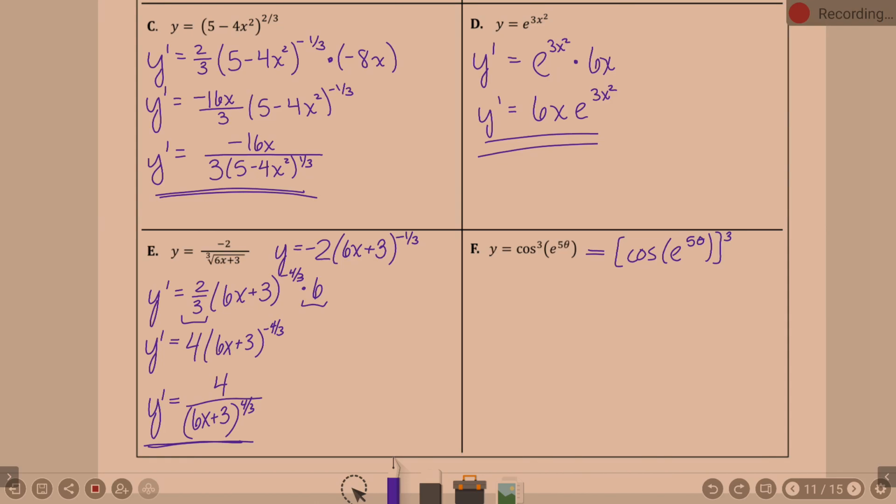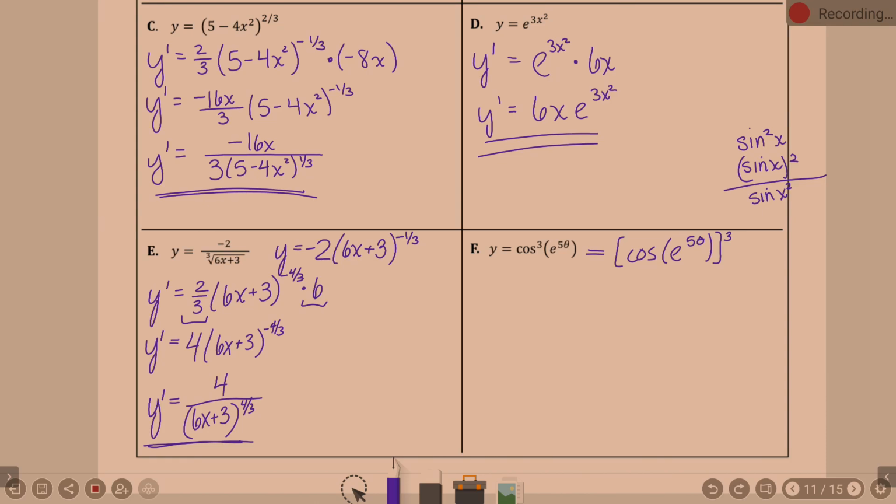Remember, when we have functions squared, for instance sine squared x, you can write it as sine squared x, or as sine x quantity squared. Remember that sine x squared is something different. That is not the same.